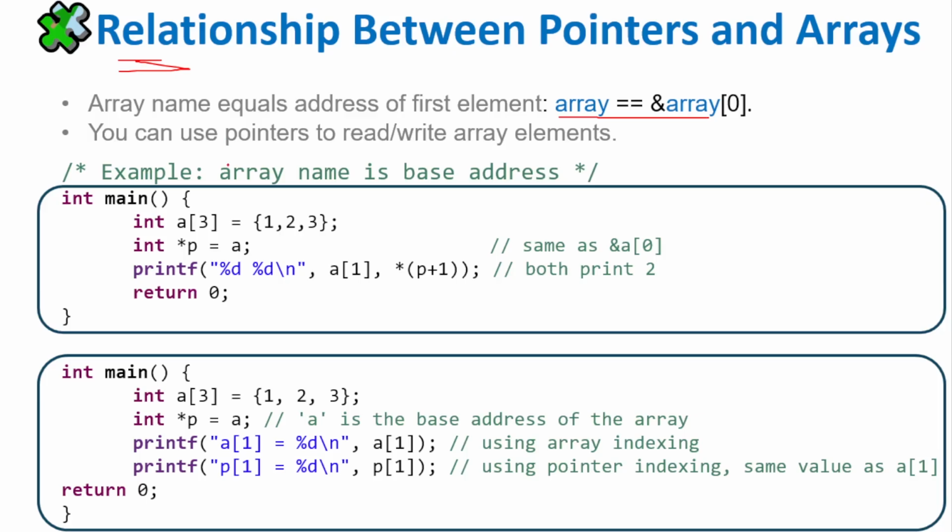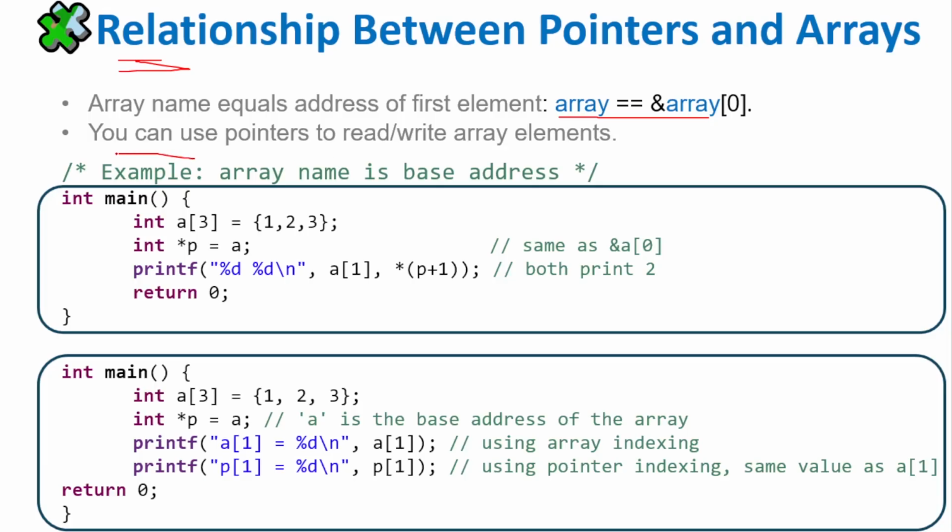We can assign a pointer to the start of an array, move through the array using pointer arithmetic, and read or modify elements through dereferencing. The same applies to a string, which is simply an array of characters ending with a null terminator. Understanding this relationship makes working with arrays and strings far easier and far more efficient.